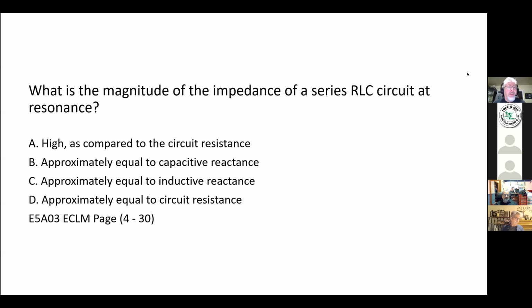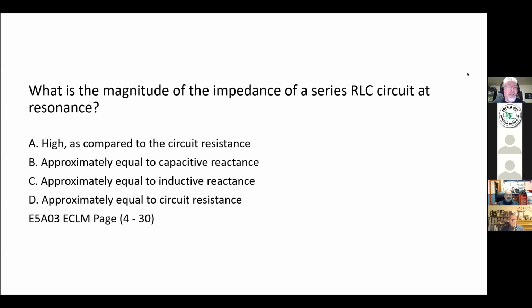All right. What is the magnitude of the impedance of a series RLC circuit at resonance? A, high as compared to the circuit resistance. B, approximately equal to the capacitive reactance.